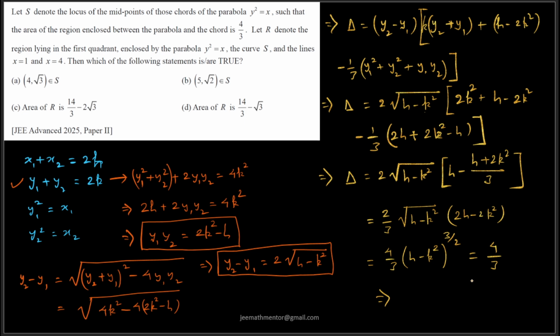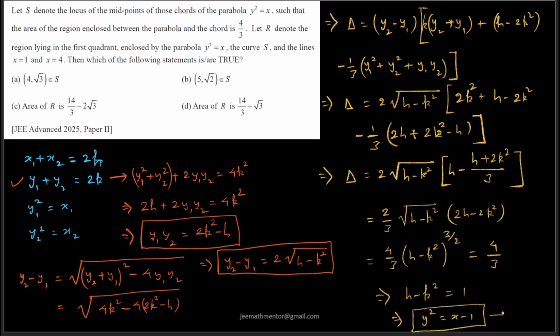The 4 by 3 simply gets cancelled. And now this will simply become, by squaring both sides and then taking cube root, h minus k squared equals 1. 1 square is 1, 1 cube is 1 as well. Obviously, we are not considering complex numbers. And hence, finally, y squared equals x minus 1 turns out to be the locus, that is the curve S here.